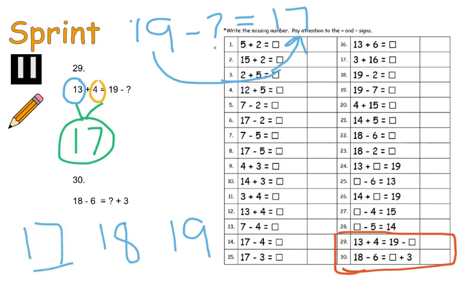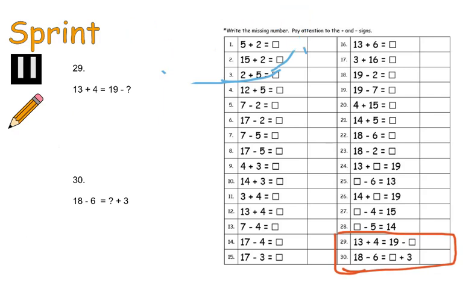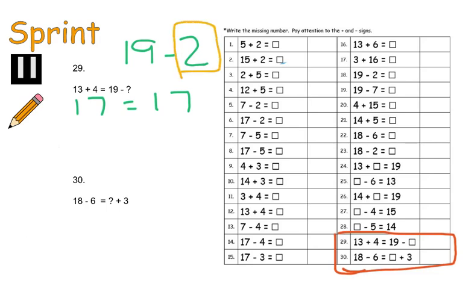Oh, that's what we wanted, so I'm going to stop. How many numbers did I have to count down? 2, you got it. So this side equals 17, and this side needs to equal 17. So 19 minus 2 equals 17. Okay.